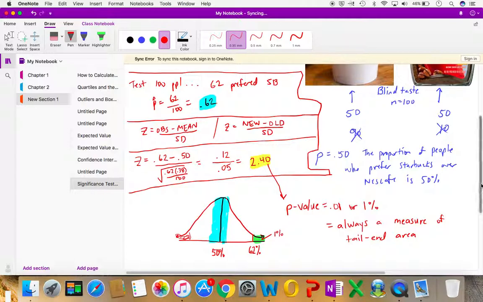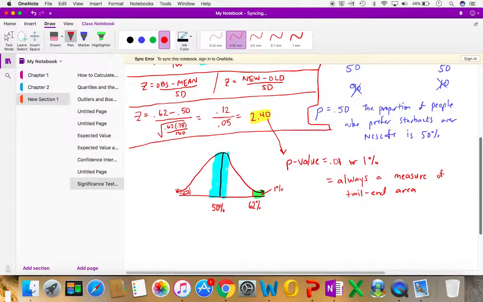Now, more importantly, is interpreting this 1%. Basically what this means is if I see a p-value that's very low, I reject the null hypothesis. So I reject the null.